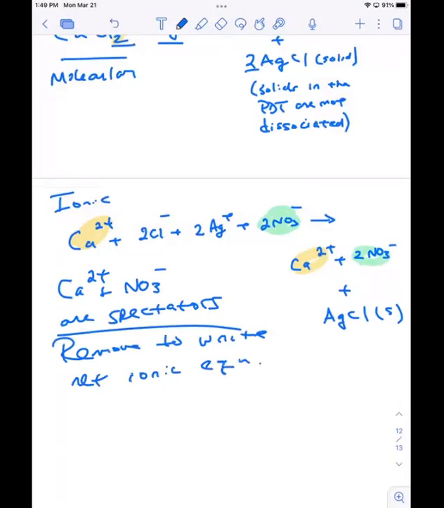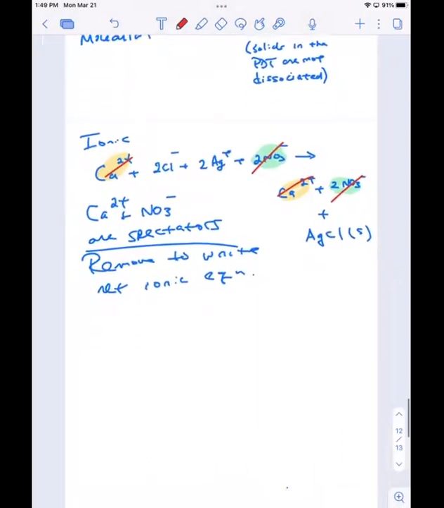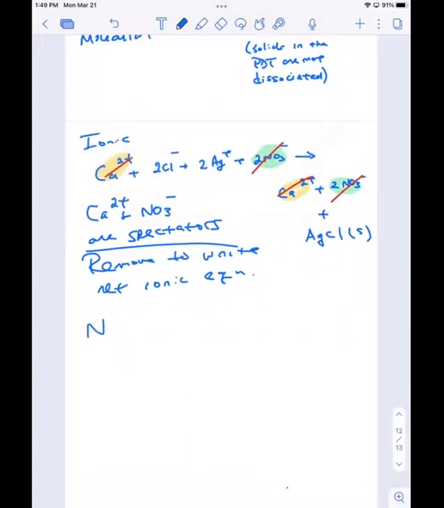Right, so I want to get rid of the spectators. So I'm just going to line through them. So this is the same on both sides. Right, so this is the molecular with everything together, the ionic with everything broken out into its respective ions, and then the net ionic is going to be here. It's kind of like gross pay and net pay is what's left over.